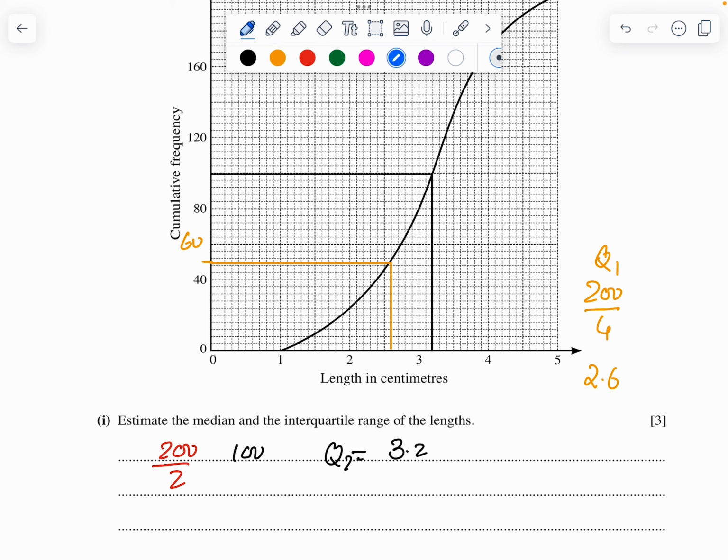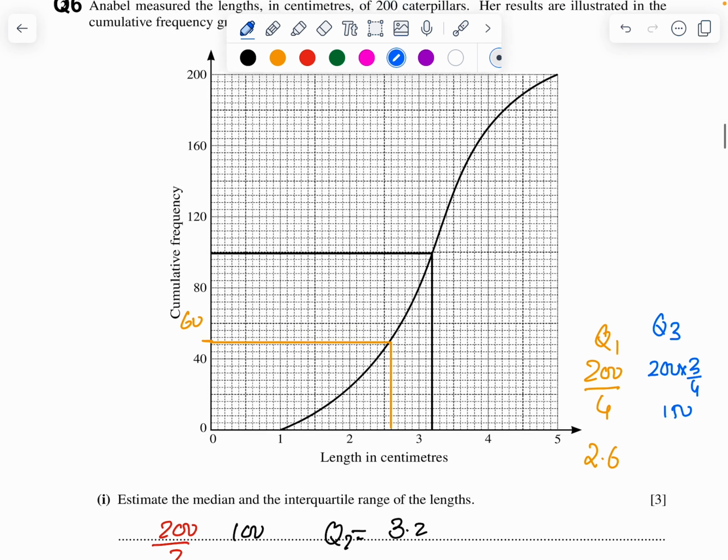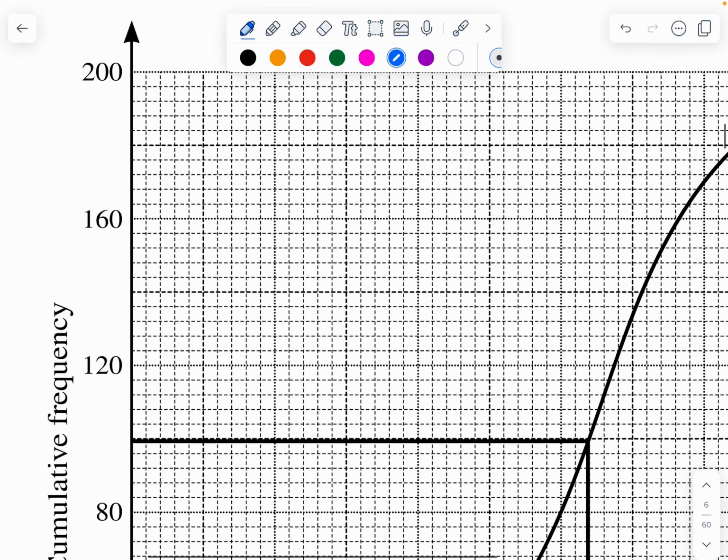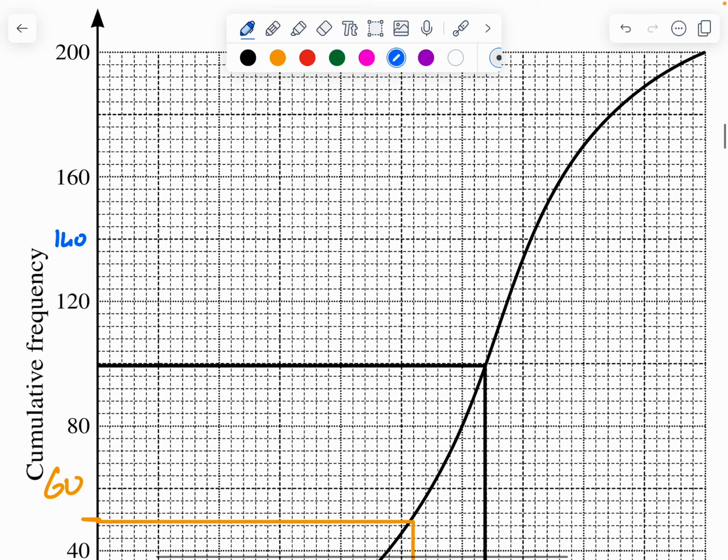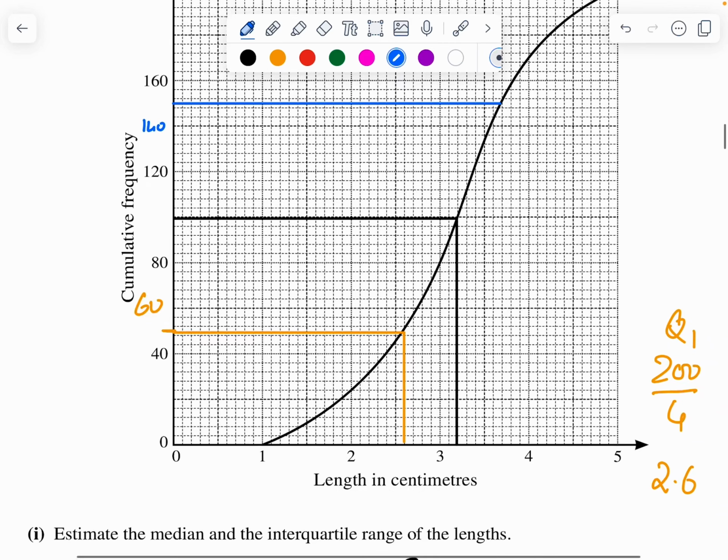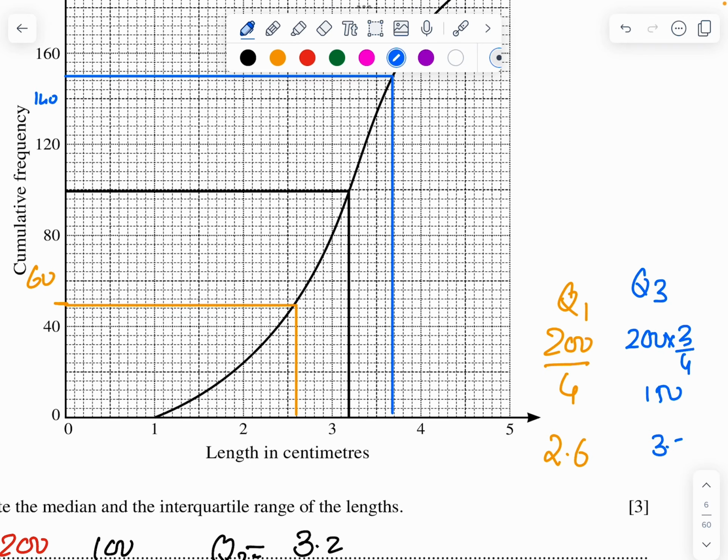Now I have to find Q3. Q3 is 200 times 3 upon 4, which is 150. So 150 is between 140 and 160. Draw the line, hit the graph, and drop it down, which is going to be 3.7.